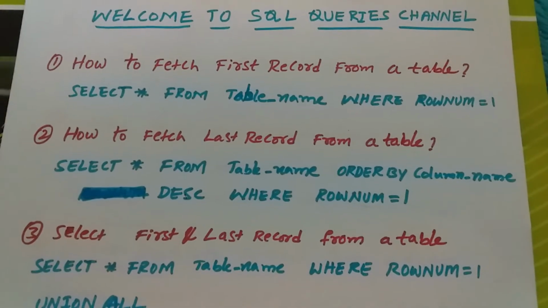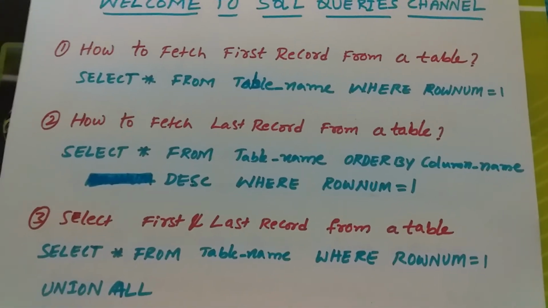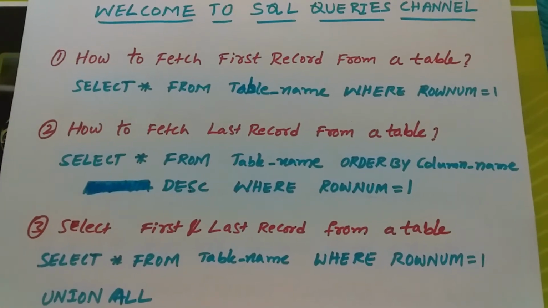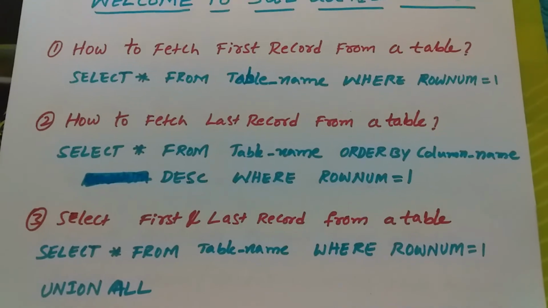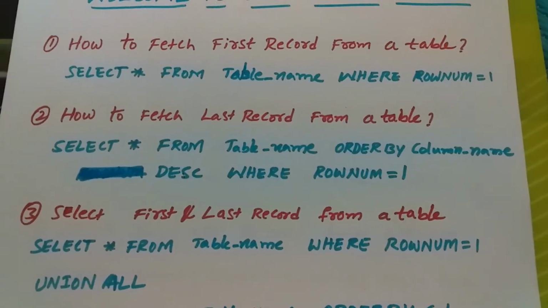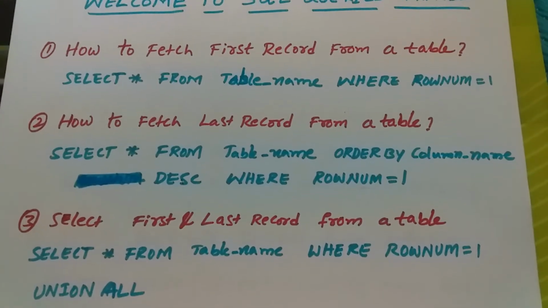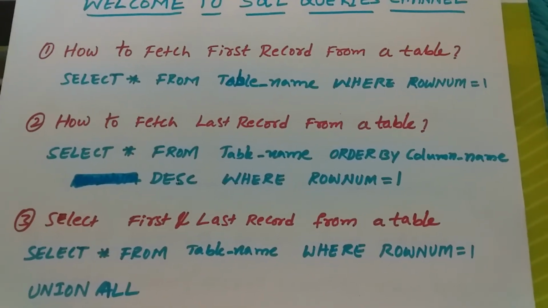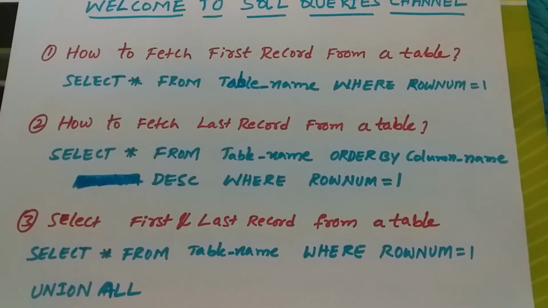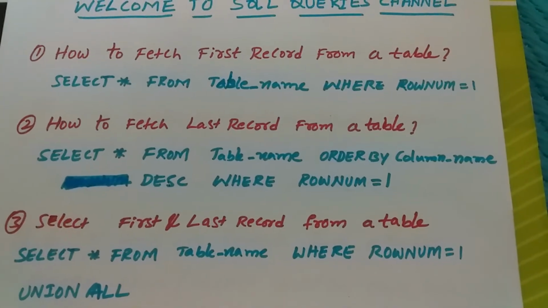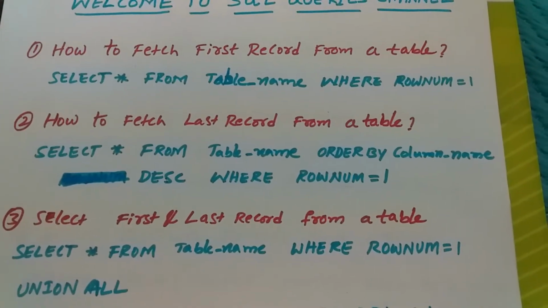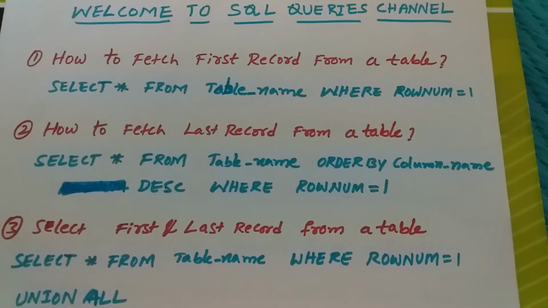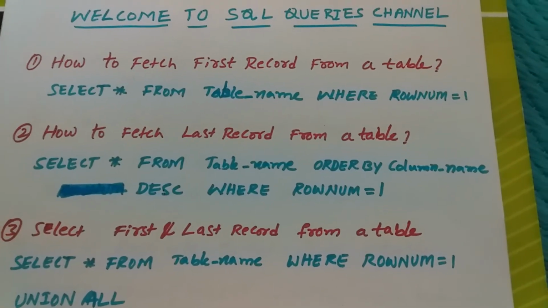Then the second query: how to fetch the last record from a table. For this, select star from table_name order by column_name DESC where rownum equal to 1. Here table_name is the name of the table, and column_name you can specify as any ID related column that is related to numeric data.